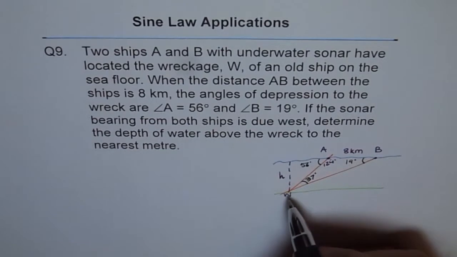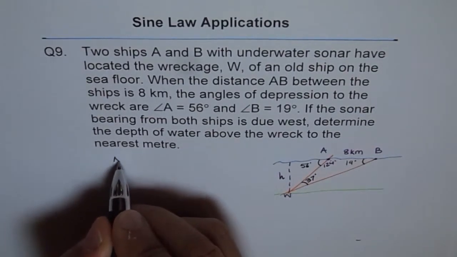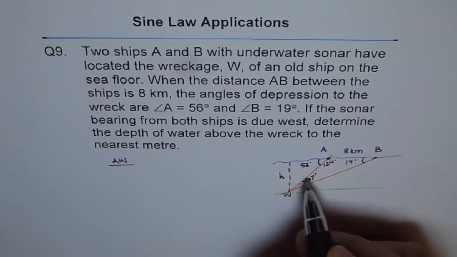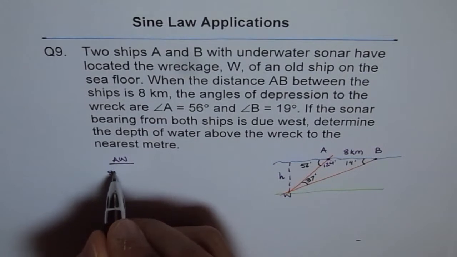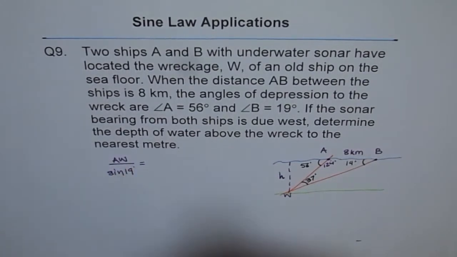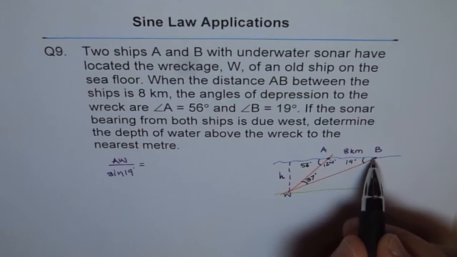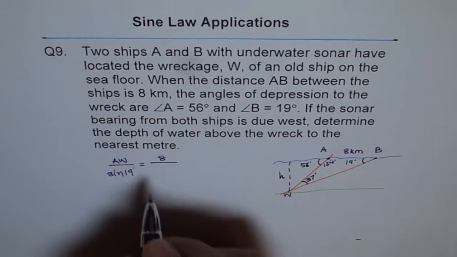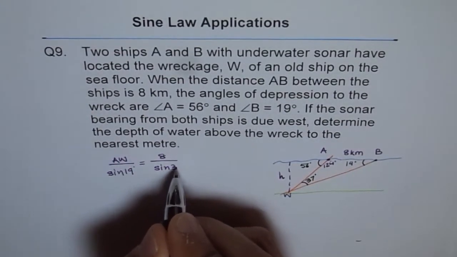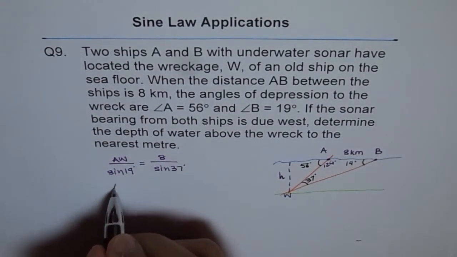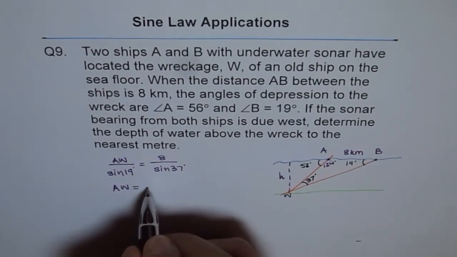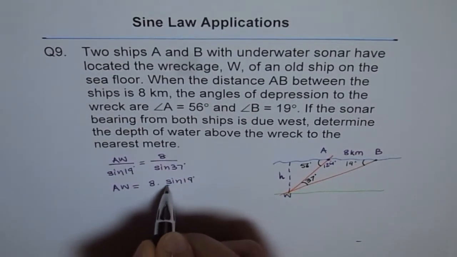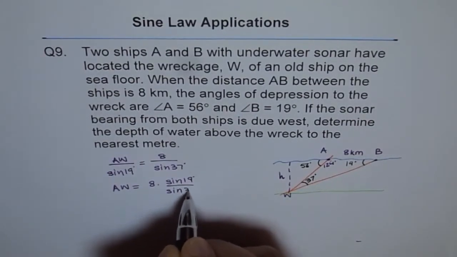So we can write sine law as AW divided by sine of 19 degrees, the angle opposite to AW, is equal to the known side of 8 kilometers over the angle opposite to 8, which is 37. This is sine of 37 degrees, right? So from here, AW is equal to 8 times sine of 19 degrees divided by sine of 37 degrees, correct?